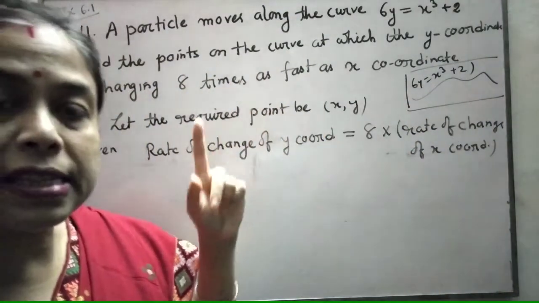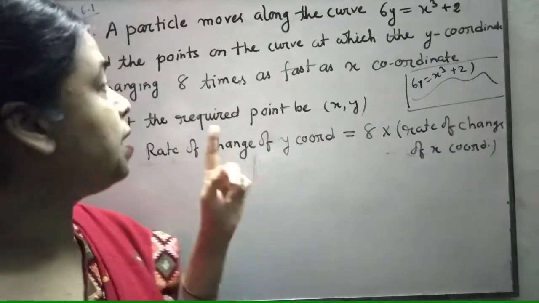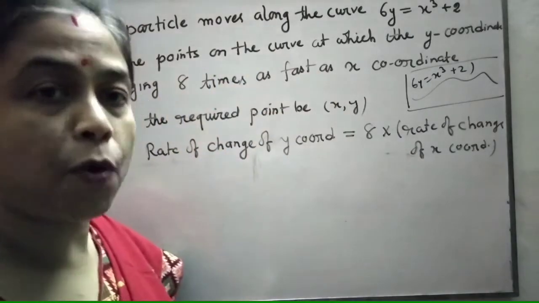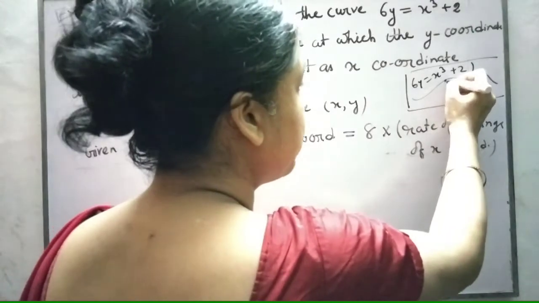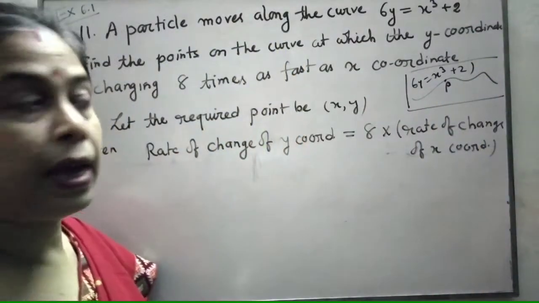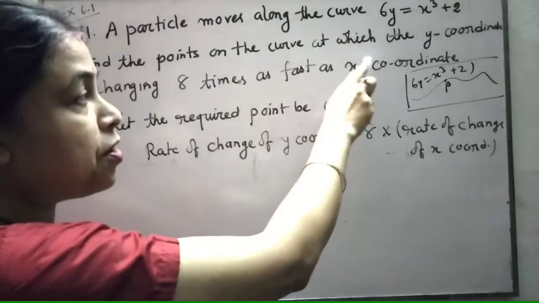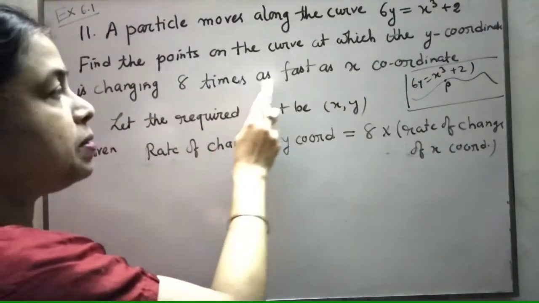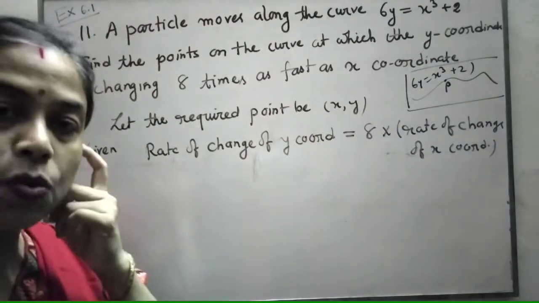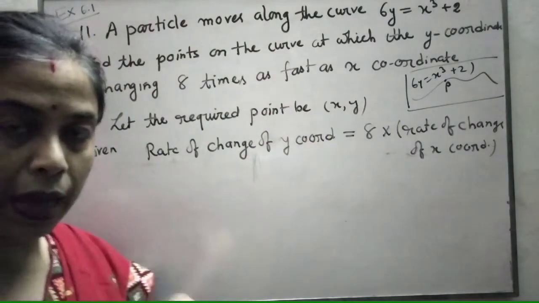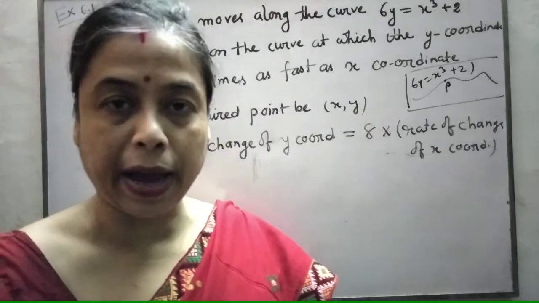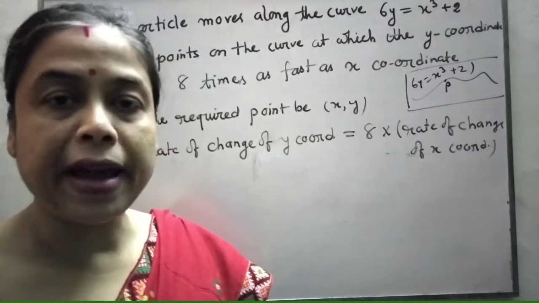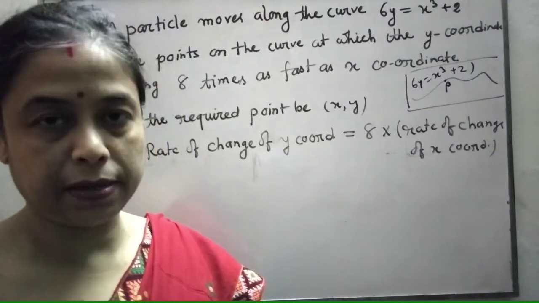You have to find the point, suppose I am considering the point as P, on the curve at which the y coordinate is changing 8 times as fast as the x coordinate. The rate of change of y is 8 times the rate of change of x coordinate.